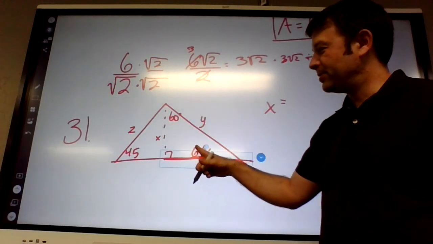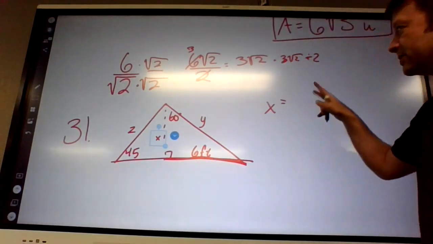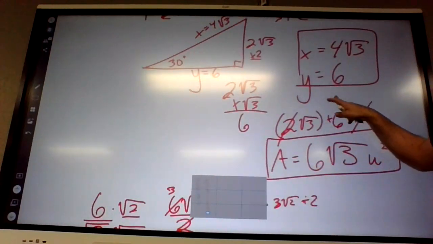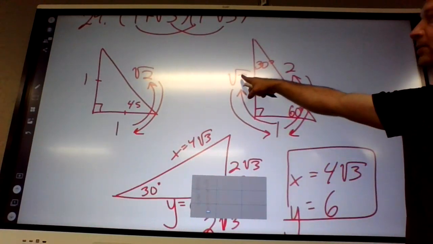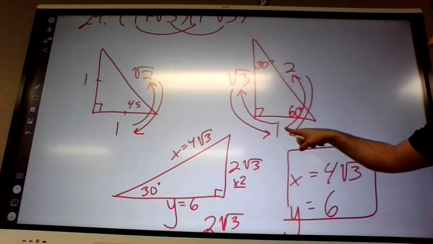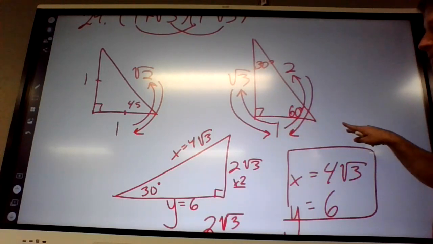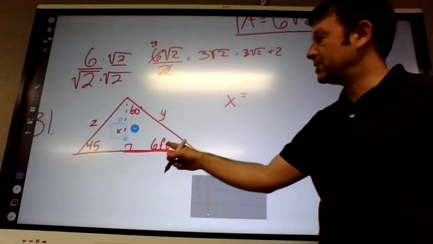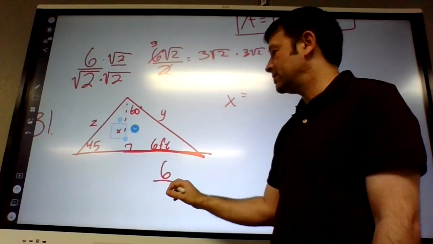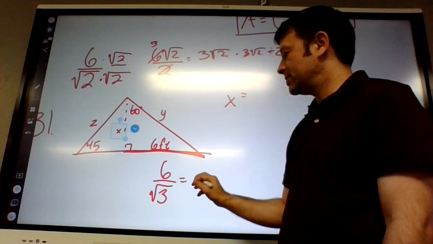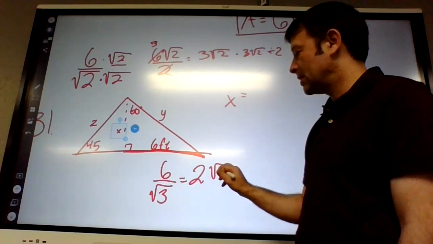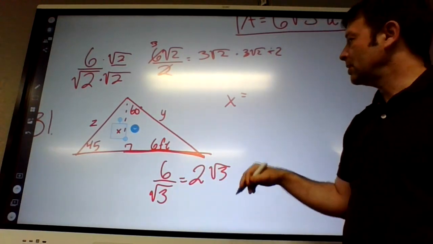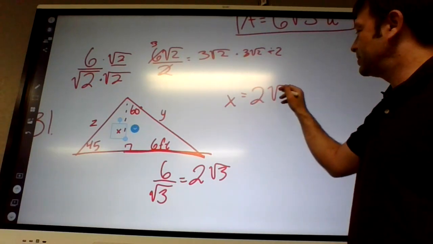How do you go from the long leg to the short leg? Divide by square root of 3. So 6 divided by square root of 3. You want to guess what it is? 2 square root of 3.